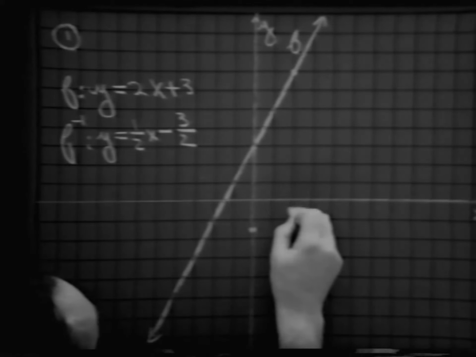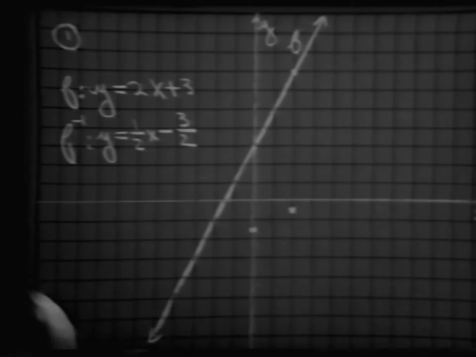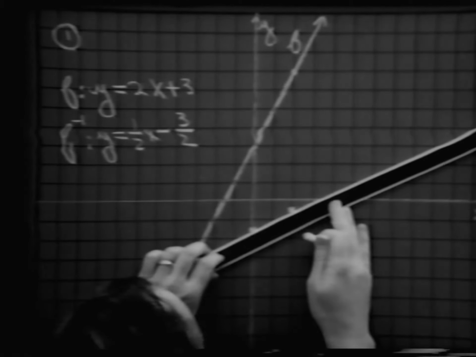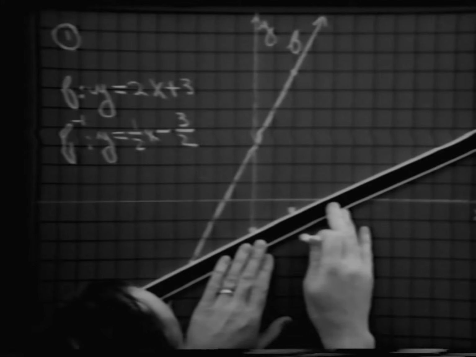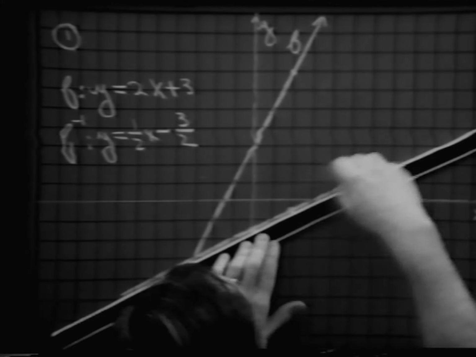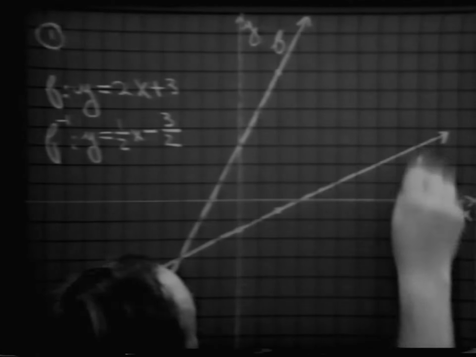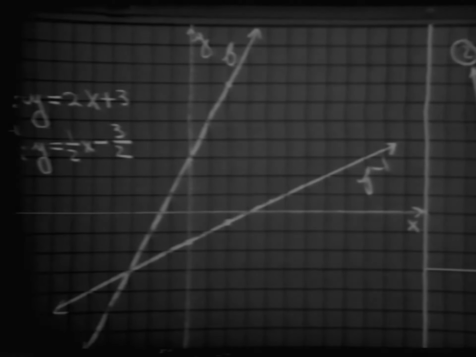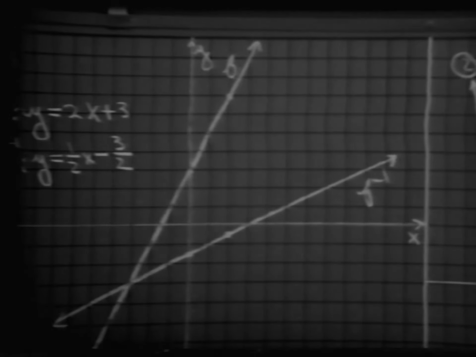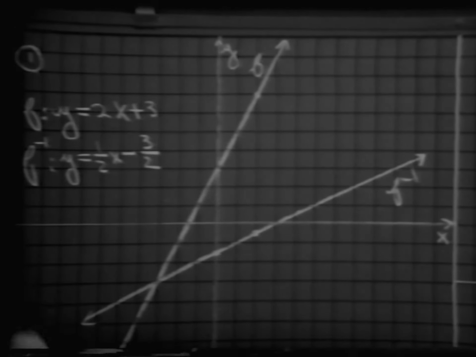So indeed, right about this point is going to be another point which is going to be on this graph. And if we were to make a line through those 2 points, it's going to look something like this. And here then is the graph of f inverse. Now, look at those two graphs, and is there any line about which you see some symmetry?